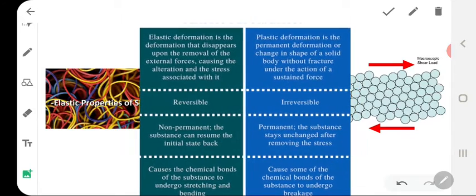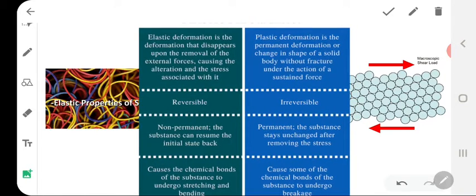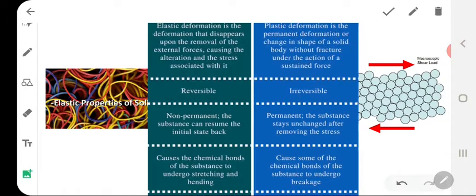Whereas in case of plastic deformation, there is a permanent deformation or change in shape of a solid body without fracture under the action of a sustained force. Elastic deformation is reversible. This means we can get back the original shape and size of the body, whereas a plastic deformation is permanent, that is, it is irreversible.